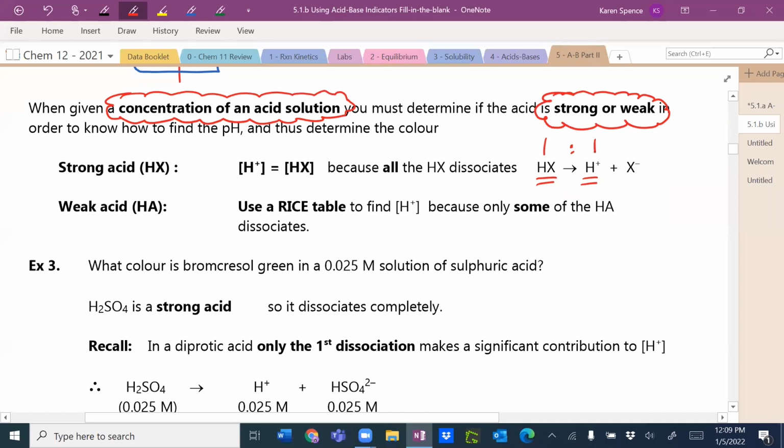All of the HX ends up getting used up, so we have none of that left, and we have all the H+, and so we know that those two are equal. The H+ is equal to the concentration of the strong acid. But if we have a weak acid, don't forget, we need to use a RICE table.